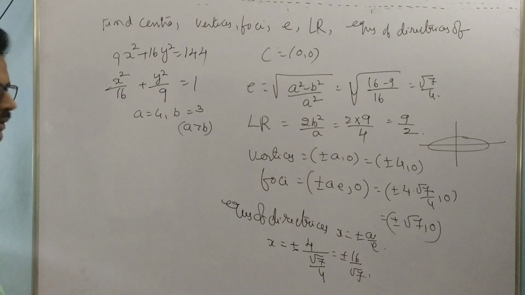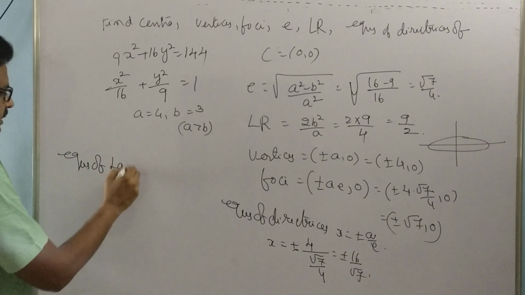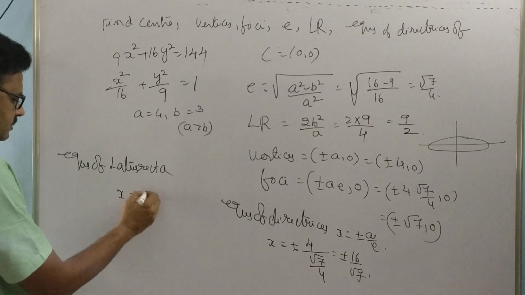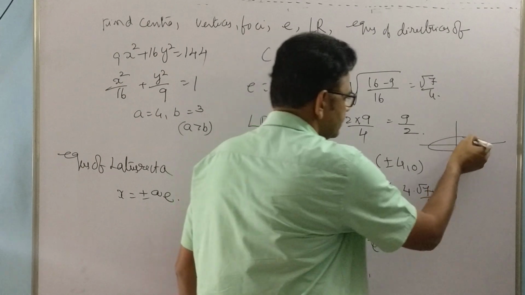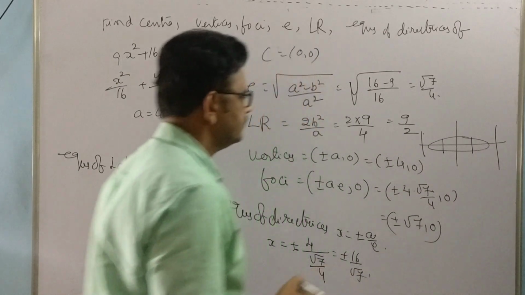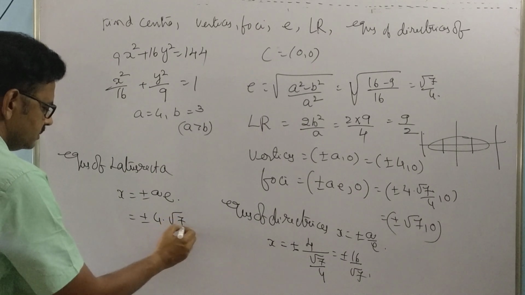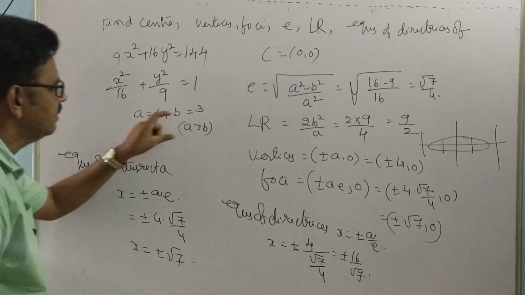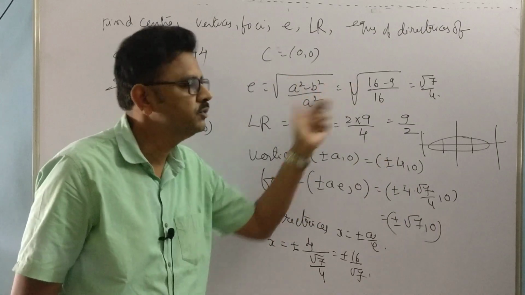Okay, if you want to find the equations of latus recta, x is equal to plus or minus ae, that is x equal to ae, x equal to minus ae. With a is 4, e is root 7 by 4, x equal to plus or minus root 7. These are all if a is greater than b. If b is greater than a, you just apply the case 2 formulas.